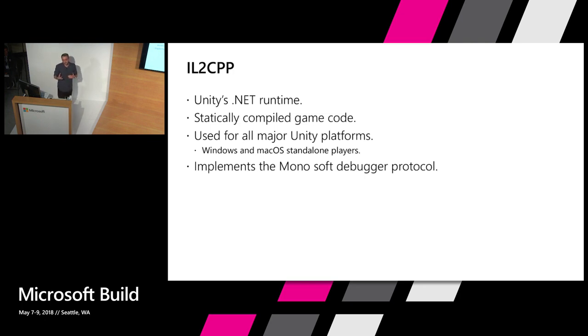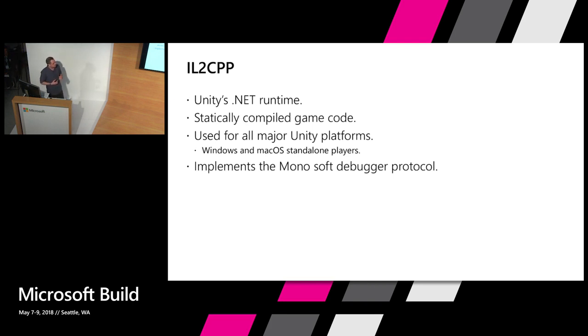IL2CPP is now supported by all major Unity platforms, and it just started support for Windows and macOS standalone. The really nice thing about it, and game developers love it, is that in the end, it's native code, and it makes it way harder for people to look into how the game is made and decompile it. Also it provides a major performance improvement, at least compared to the old Mono versions that Unity was running on.